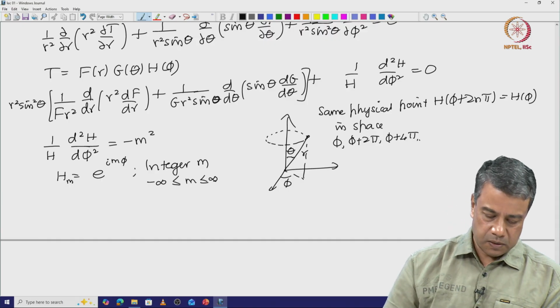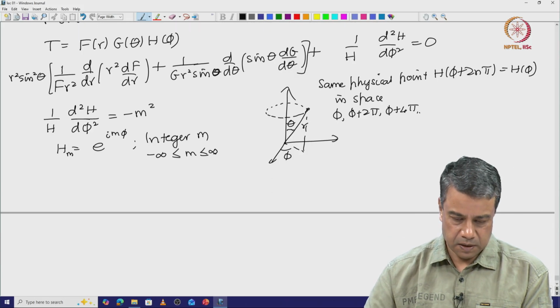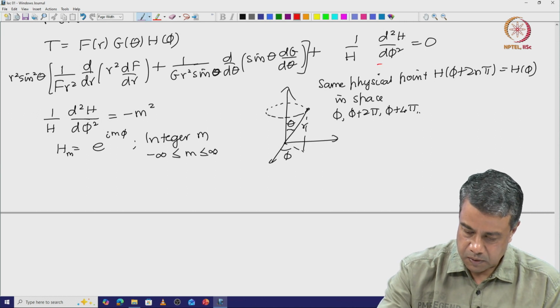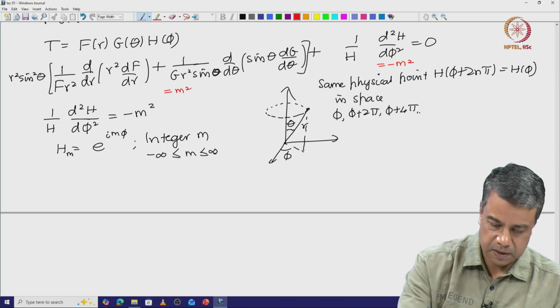Now, the other part of the equation. So, this is equal to minus m square, that means that this has got to be equal to m square.